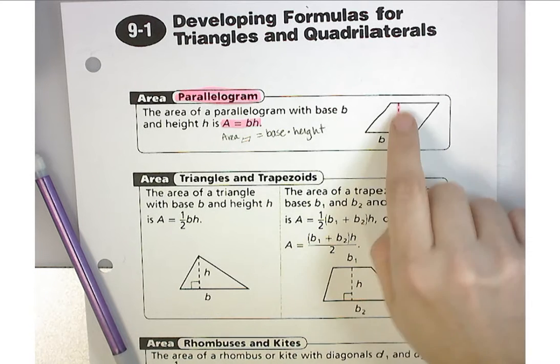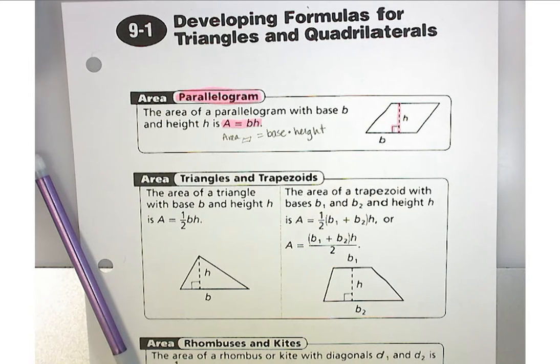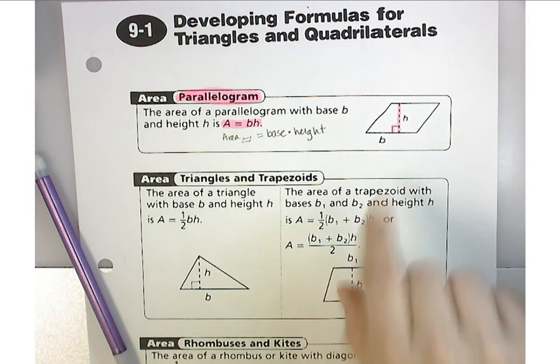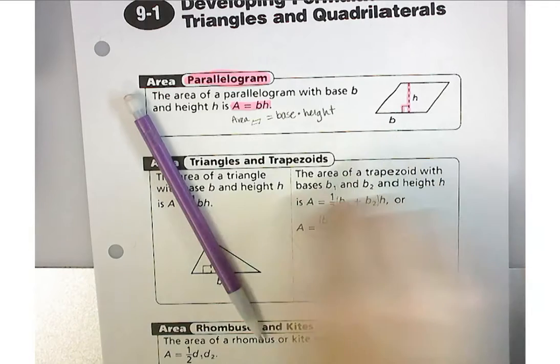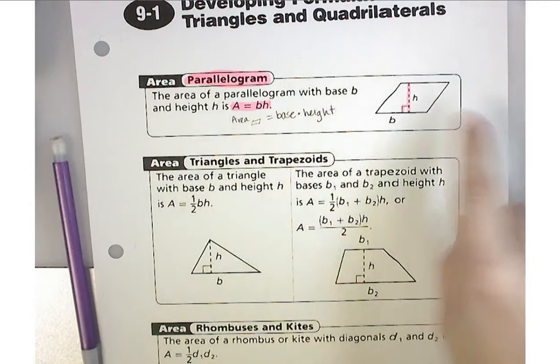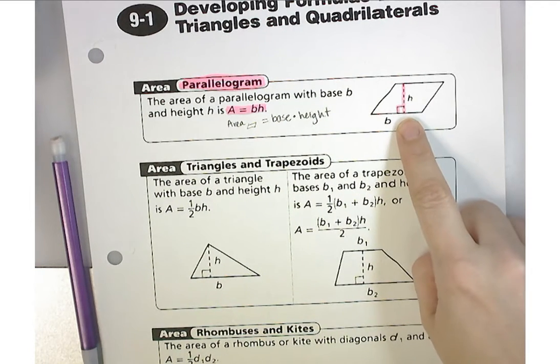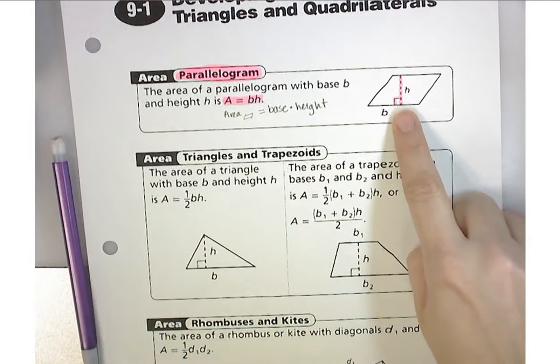Your height is going to go up and down. But remember these can also be turned. So not every parallelogram is going to look exactly like this, and we have to make sure that we can recognize it in different forms.